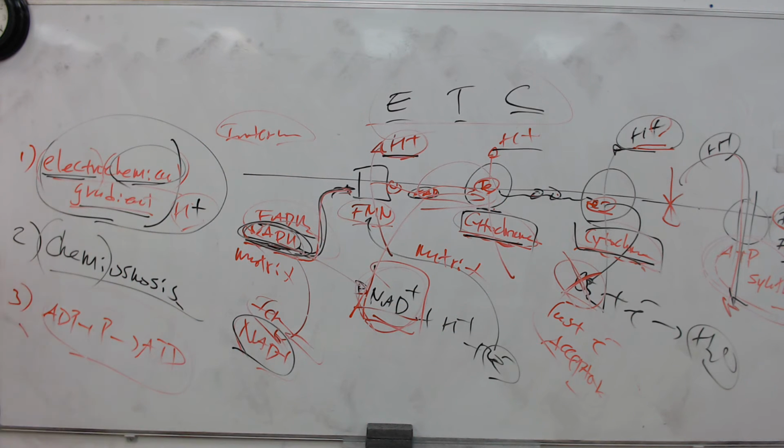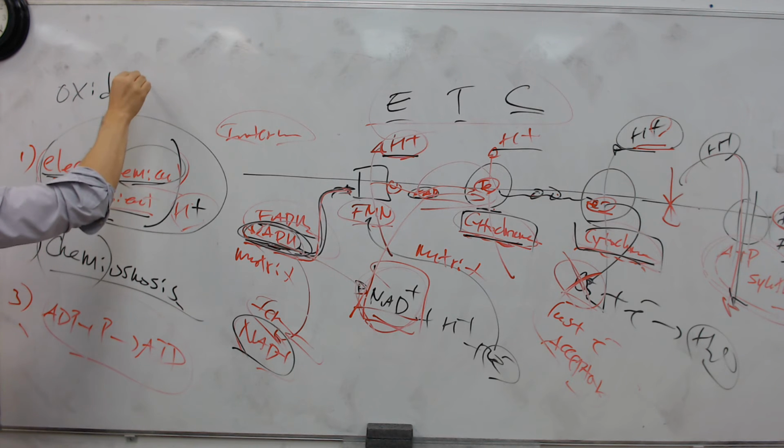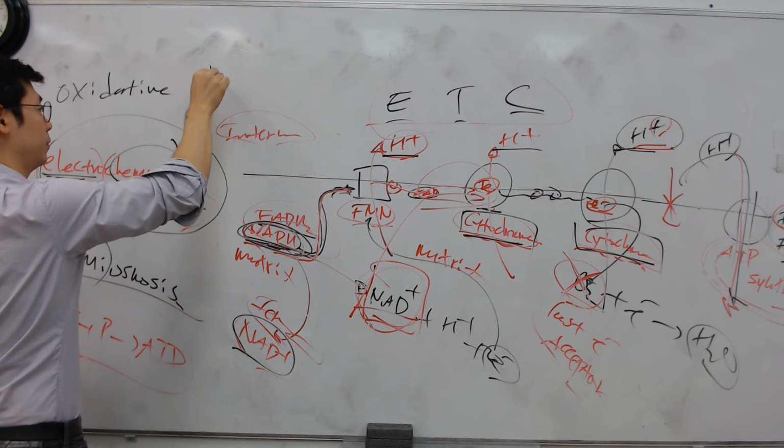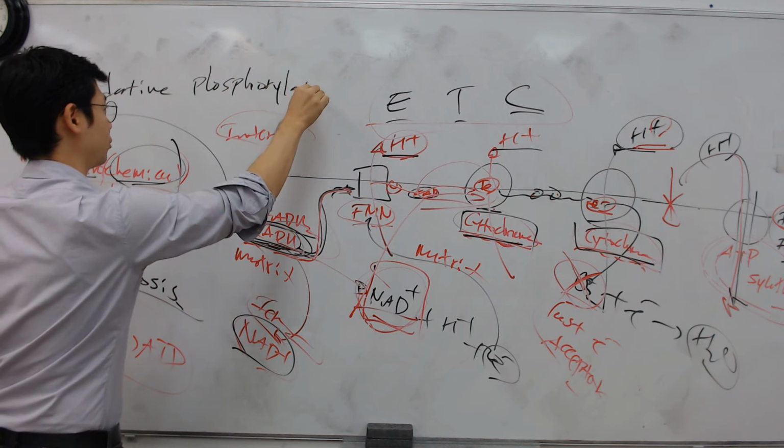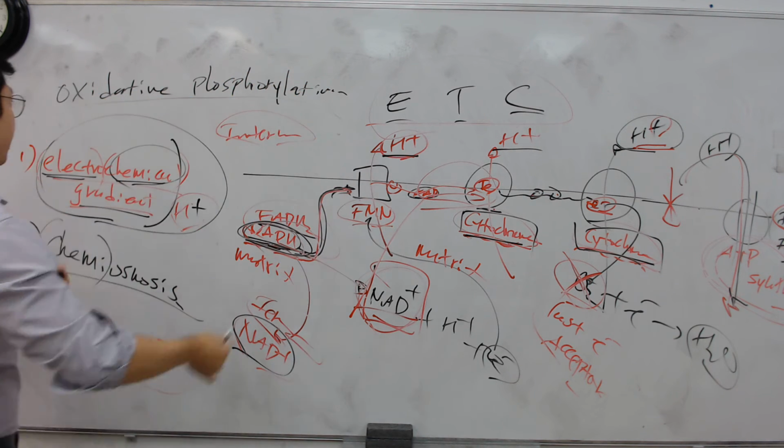So keep in mind, guys, the way they produce ATP using this process, listen carefully, it's called oxidative phosphorylation. You have to write this term, okay?